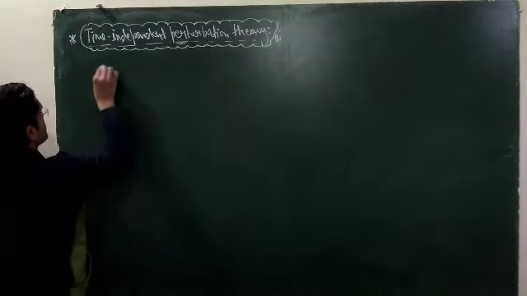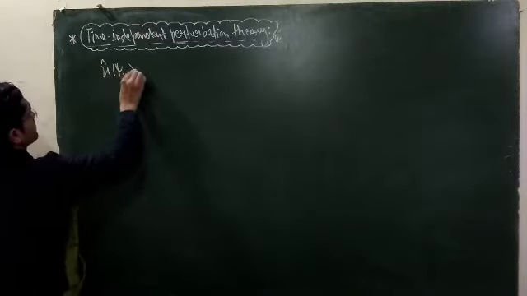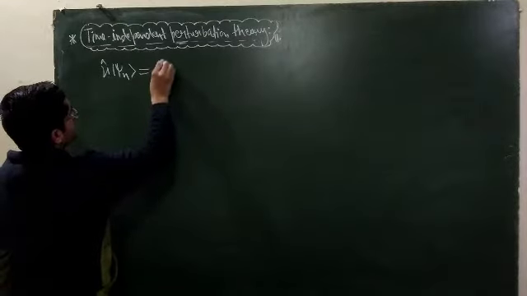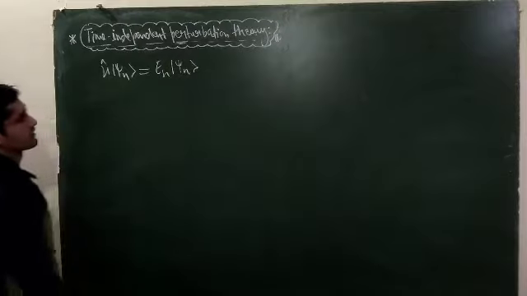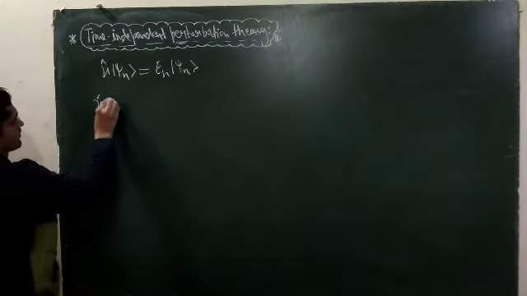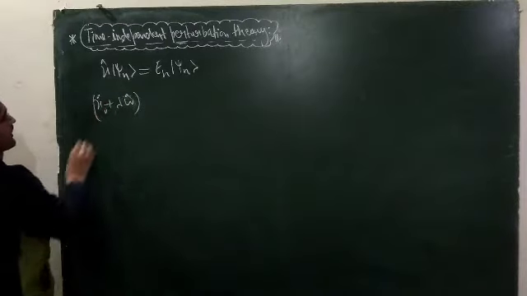The Schrodinger equation that we have to solve is H cap acting on psi n equals eigenvalue into psi n. This Hamiltonian is H naught plus lambda W.